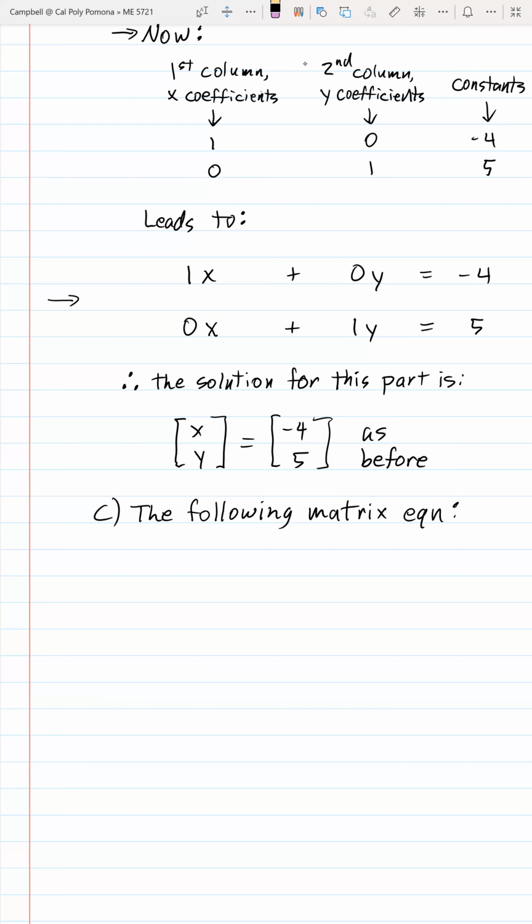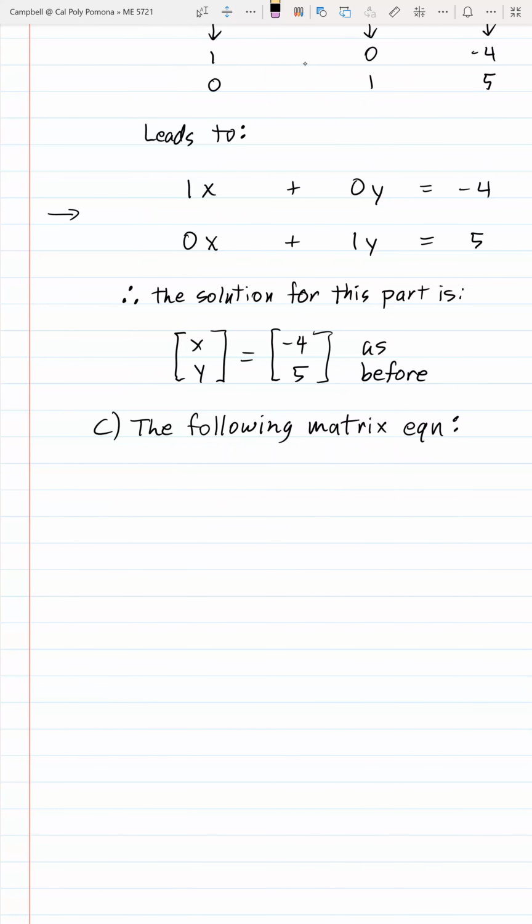So here we have a matrix equation that we want to solve, where, of course, our two simultaneous equations are encoded into that matrix equation. So here we'll have 1, 2, 3, and 4. Now, of course, we know that those are the coefficients multiplying x and y, and so we can capture that as x and y. And if we multiply that out, of course, you'll get 1 times x plus 2 times y for the first equation, and we'll get 3 times x plus 4 times y for the second equation. And of course, then we have to say, oh, okay, well, those are equal to the constant vector, or the vector of constants, 6 and 8.